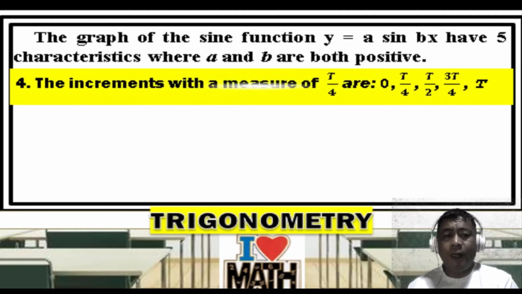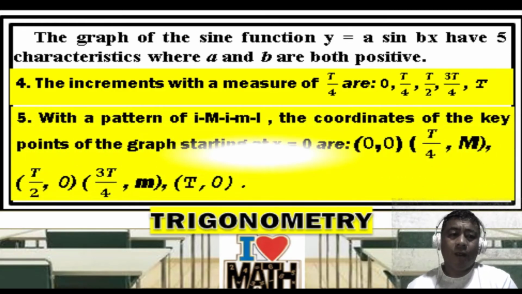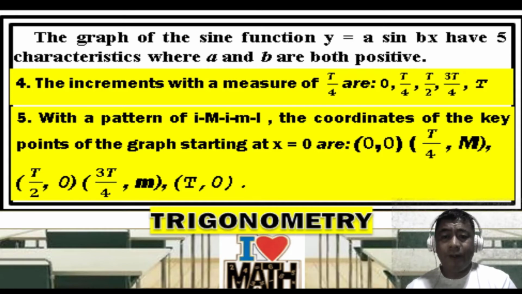Number 4, the increments with a measure of T over 4 are 0, T over 4, T over 2, 3T over 4, and T. Number 5, with a pattern of I, M, I, m, I, the coordinates of the key points of the graph starting at x equals 0 are (0, 0), (T over 4, M), (T over 2, 0), (3T over 4, m), and (T, 0).